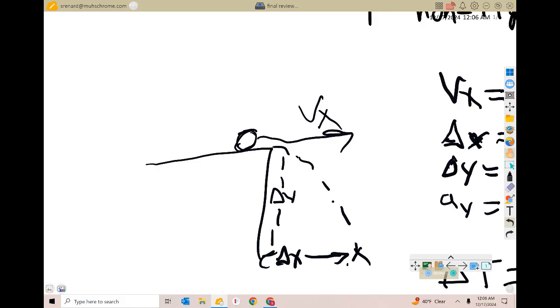And as it falls, it continues in its original path of motion. So you can think about this like a baseball, right? I can drop a baseball, it'll fall directly down. I can throw a baseball, and that baseball will eventually hit the ground because gravity takes over.